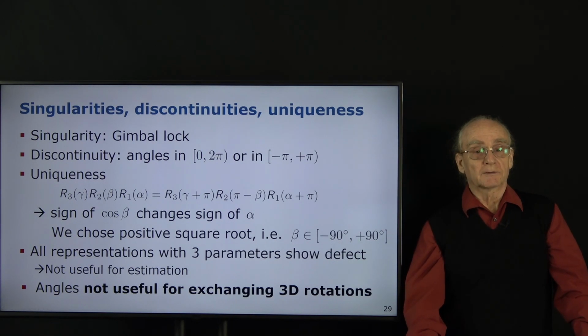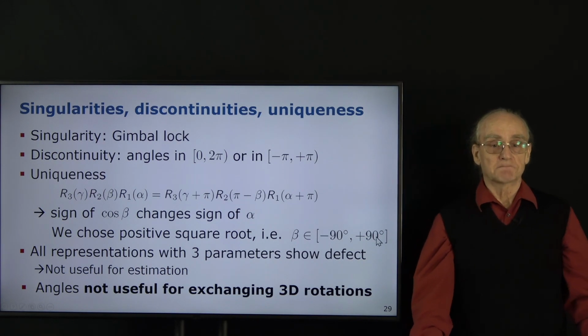So you have an ambiguity in the definition of the three angles alpha, beta, gamma. That means the cosine of the beta changes the definition of the angles. We use the positive square root, as you remember. That means we assume that the beta is in the range of minus 90 to plus 90 degrees.